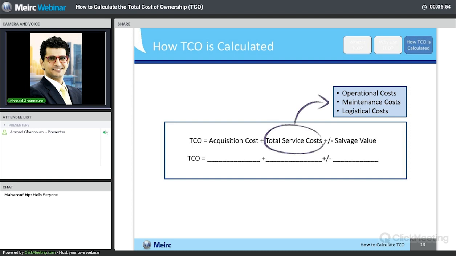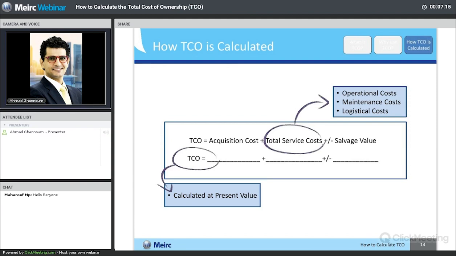Now, the total service costs in this equation represent the operational, maintenance, and logistical costs, all of which featured earlier in our iceberg. An important note here: TCO is always calculated at present value. Since money depreciates in value over time, we need to account for how much an expense incurred in the future actually represents in today's dollars.